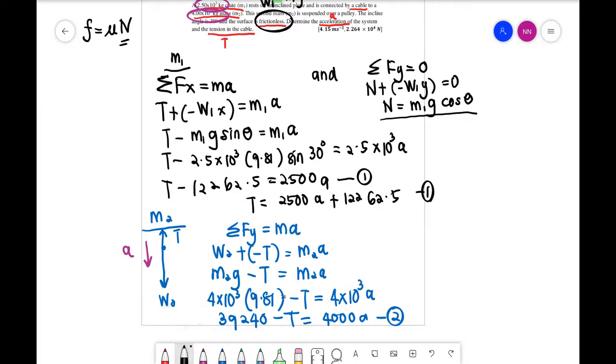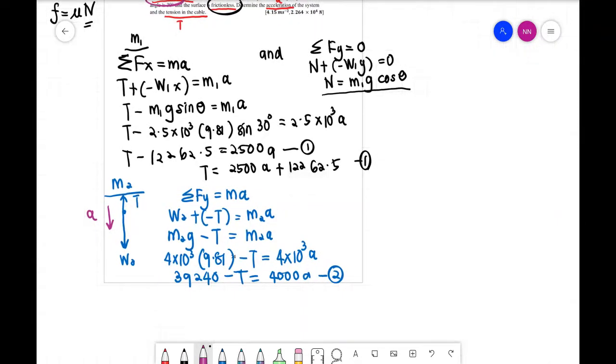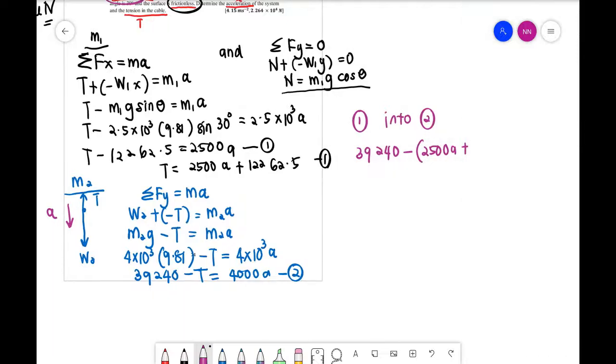Now we can substitute equation 1 into equation 2: 39240 minus T, where T is 2500A plus 12262.5, equals 4000A.